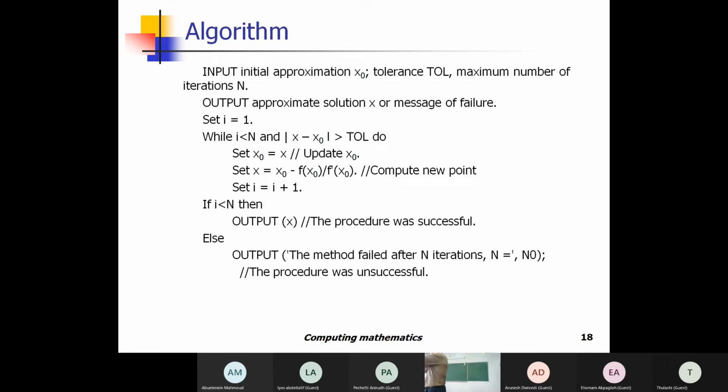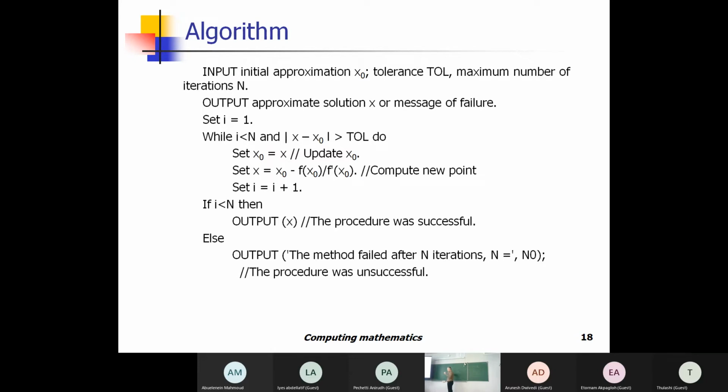This is an algorithm described in the form of pseudocode that you can use to implement it on computers. What is the initial information? To apply this method, we should know the function and the derivative of this function.